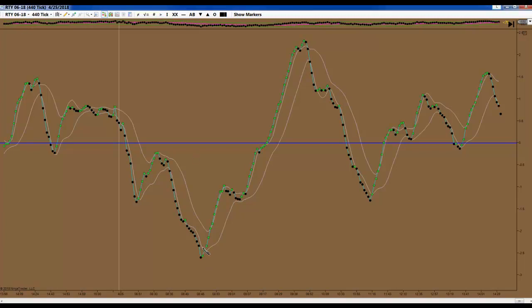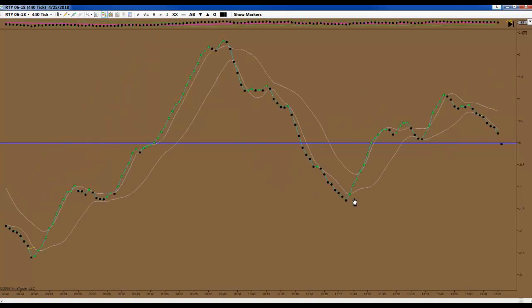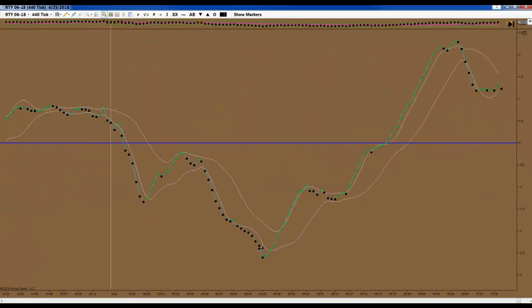The distance between the white band and the BB, this way, is something we're very interested in seeing. And also the distance between the BBs themselves this way. They both have a meaning.